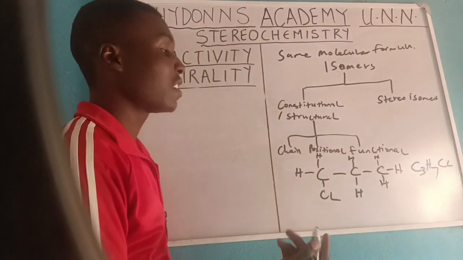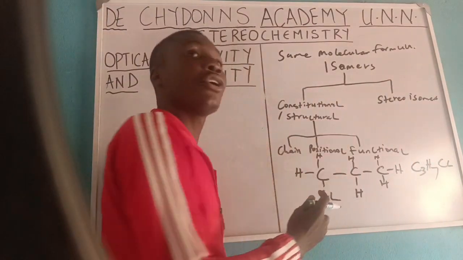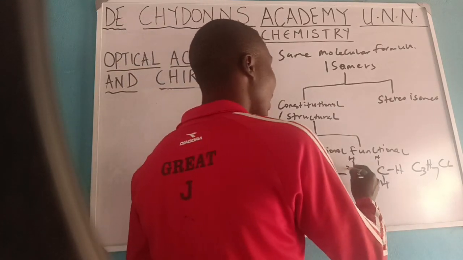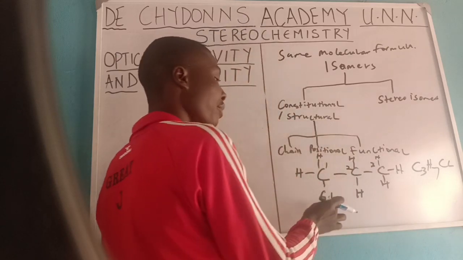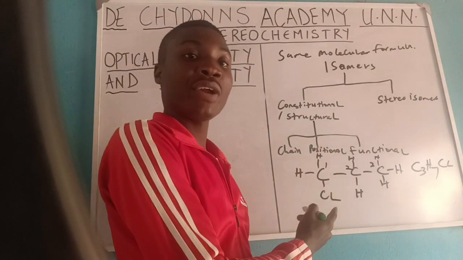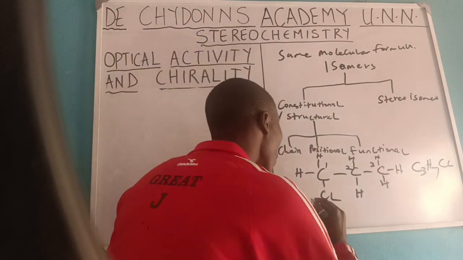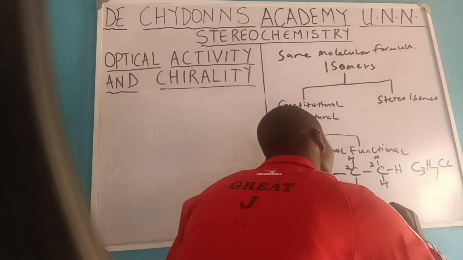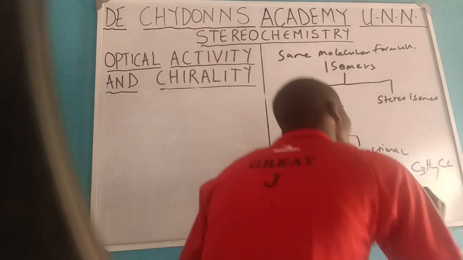Now what we call this, based on the position of the Cl, is because it's on carbon number 1, this is carbon number 2, this is number 3. We have to start from here because of the presence of the chlorine atom. So this happens to be 1-chloropropane.